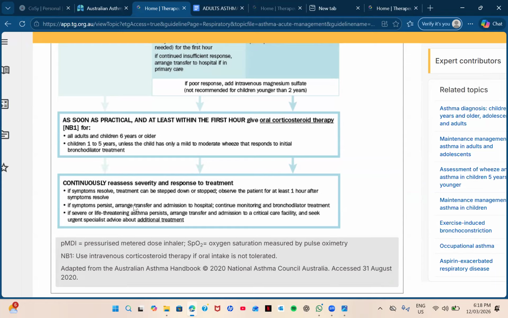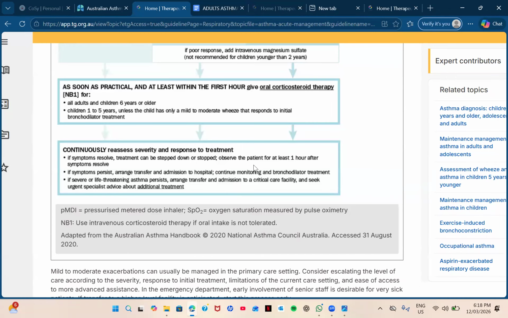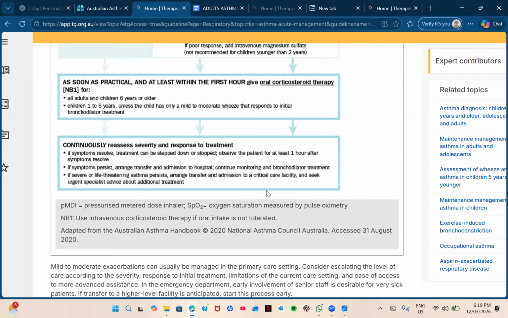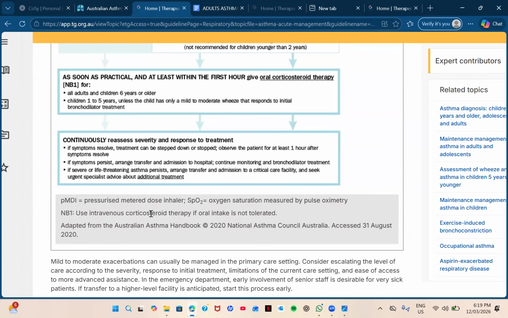If symptoms resolve, treatment can be stepped down or stopped. Observe the patient for at least 1 hour after symptoms resolve. If symptoms persist, arrange transfer and admission to hospital. Continue monitoring and bronchodilator treatment. If severe or life-threatening asthma persists, arrange transfer and admission to a critical care facility and seek urgent specialist advice about additional treatment.